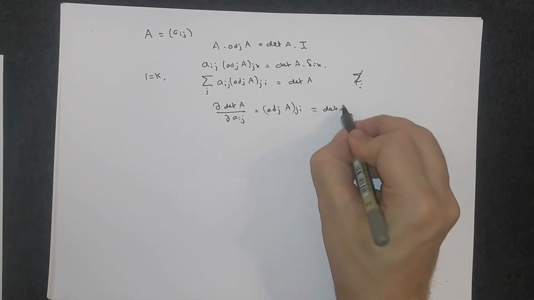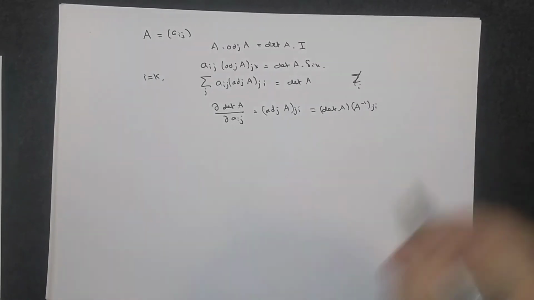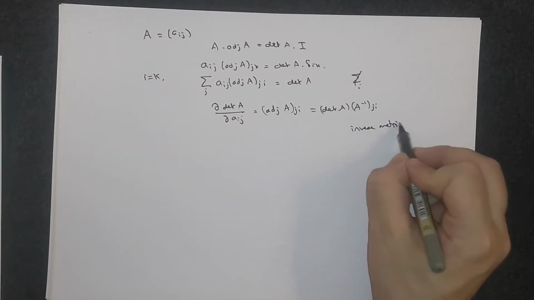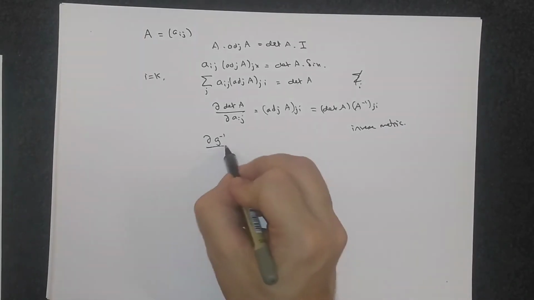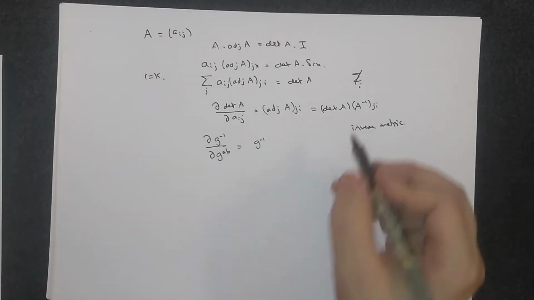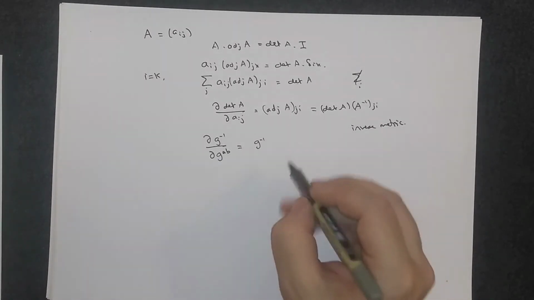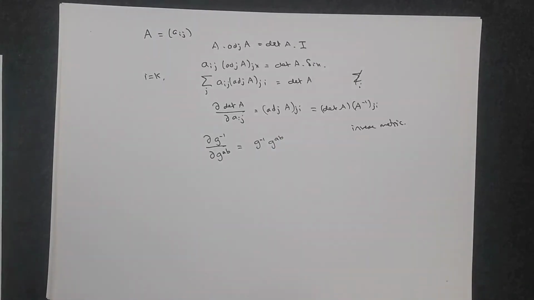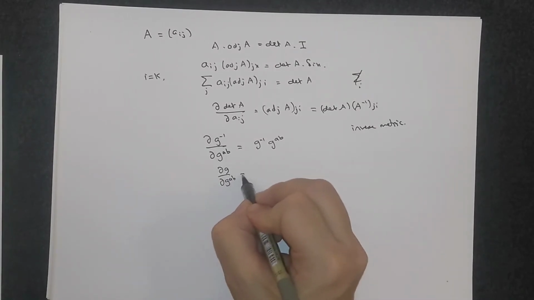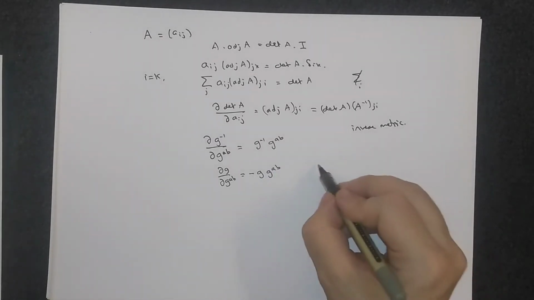Now that's equal to the determinant of A times the inverse. Let's apply this to the inverse metric.